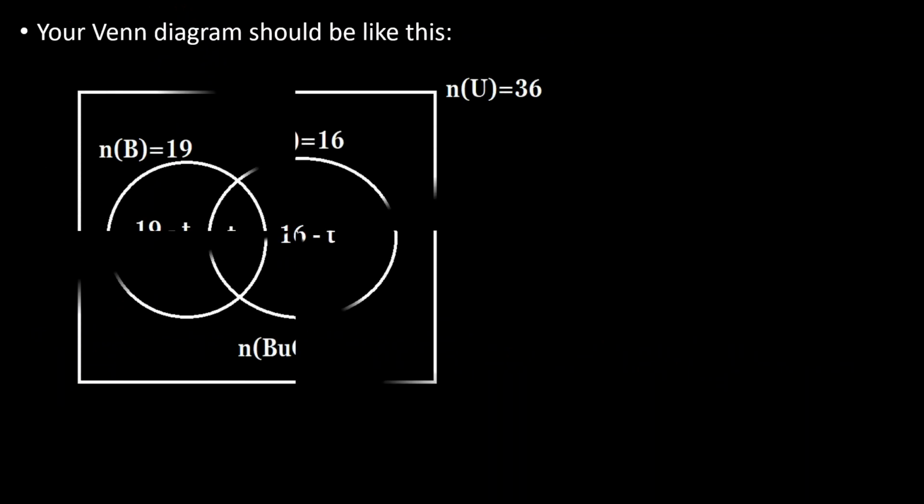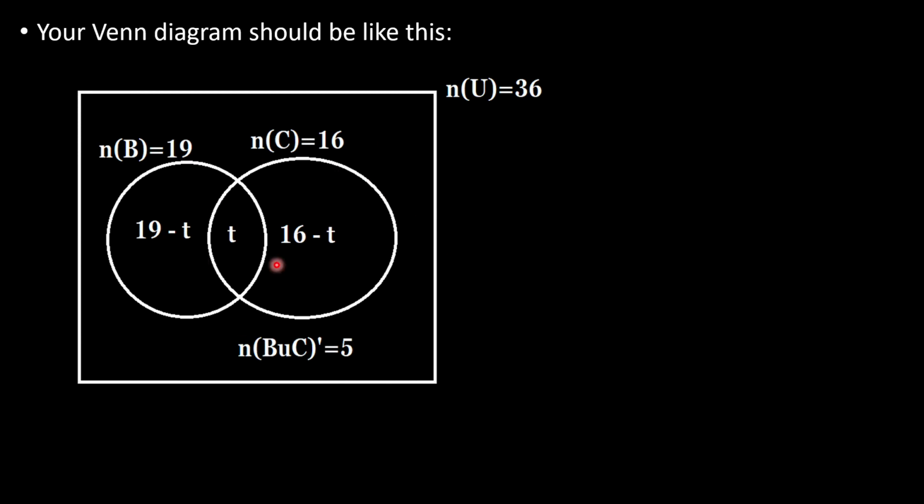So your Venn diagram should be like this. So when you finish solving, then you compare it to this Venn diagram to see if you are correct. So number of B equals 19, number of C equals 16, number of U equals 36.